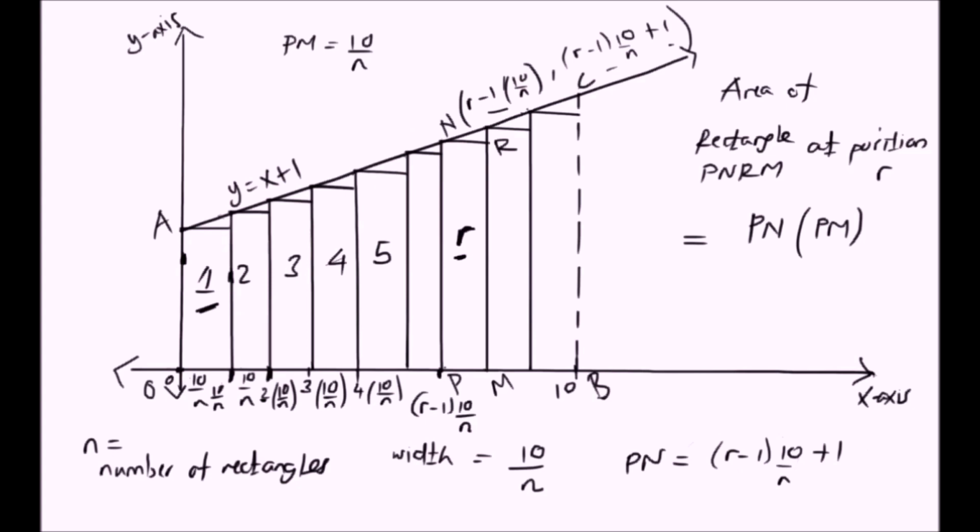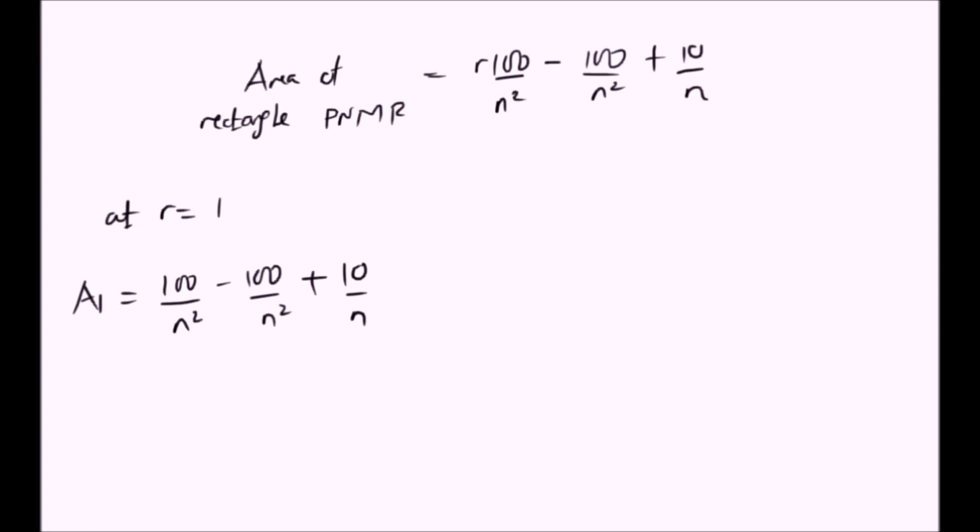But if I put R now equal to 2, the first one was the area of the first rectangle, which I called A1. If I say R is equal to 2, it will be the area of the second rectangle.